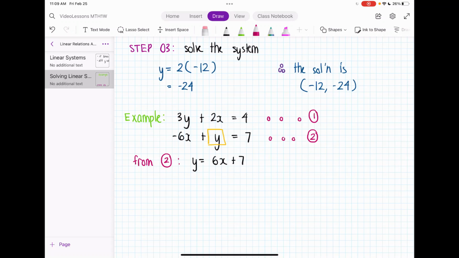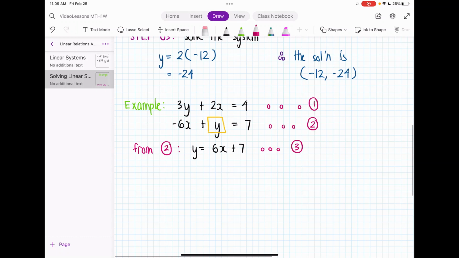This came from 2, so we are going to renumber it. Even though it did come from 2, we're renumbering it equation 3, just so that we treat it as something different. And then we're going to sub 3 into, and now it can't go into 2 because that's where it came from. It has to go into 1.